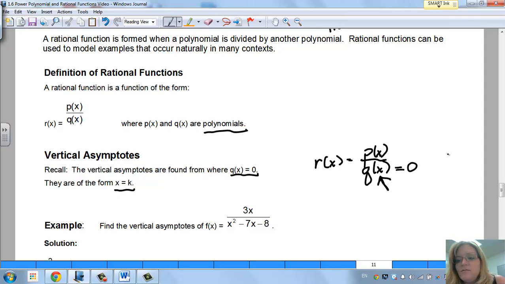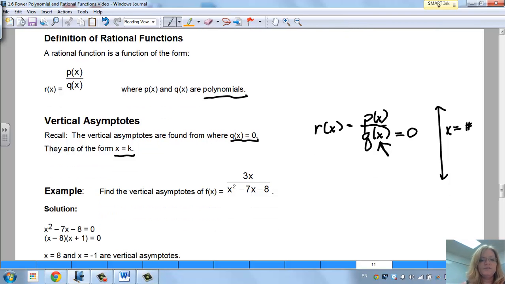It's a line that you don't see, an x equals some number, in this case x equals k, that your function will approach but never really touch. That's an asymptote.